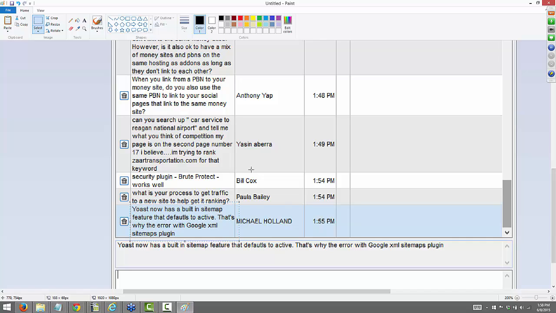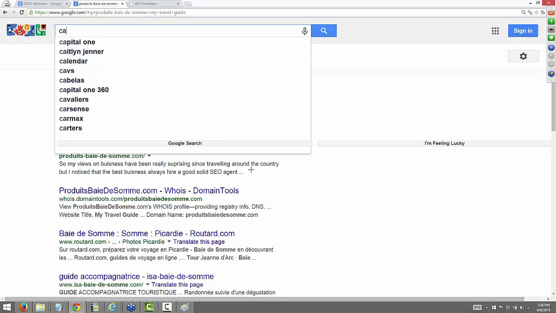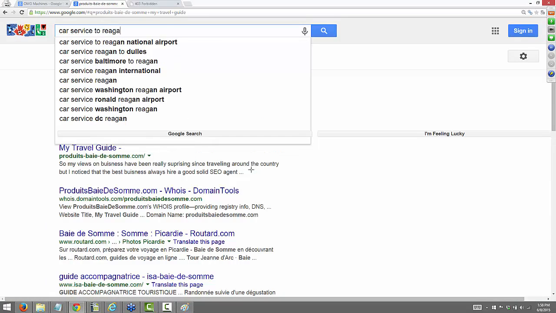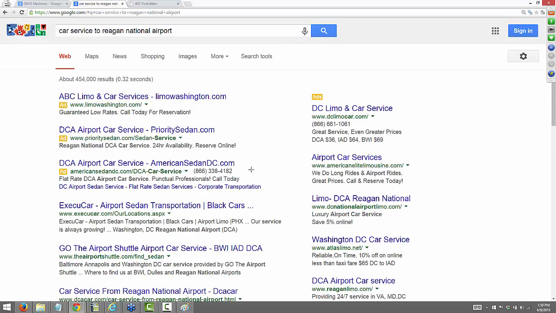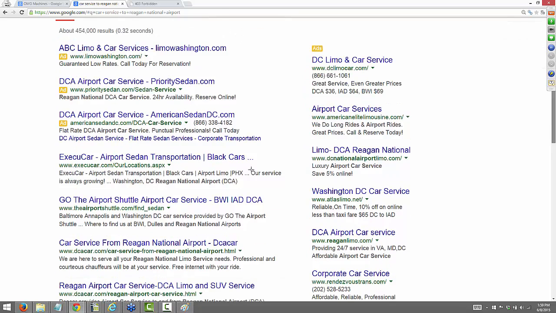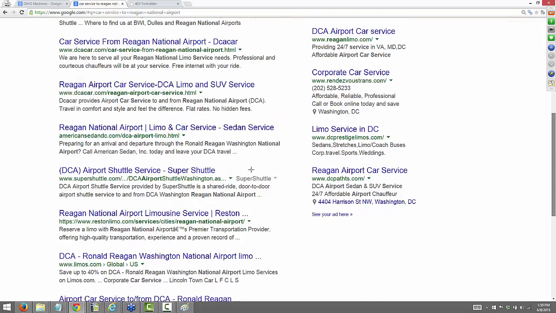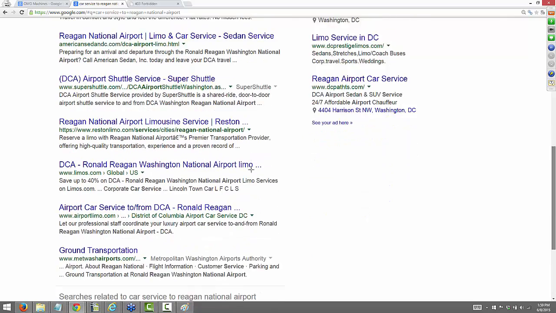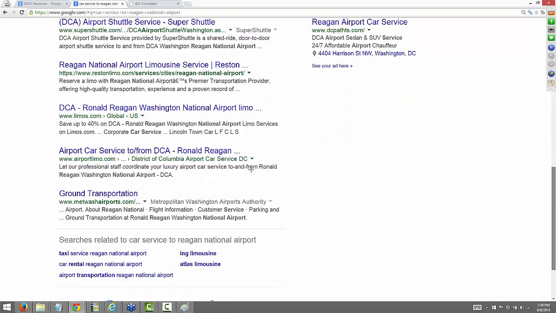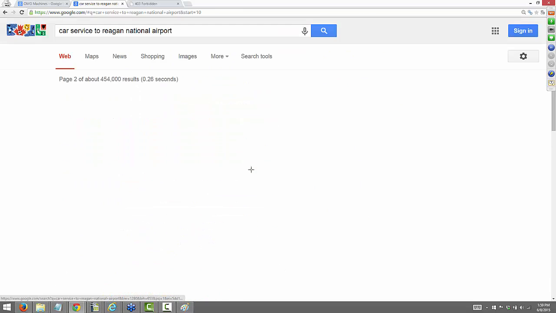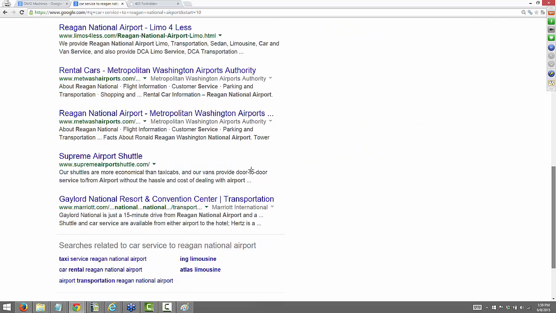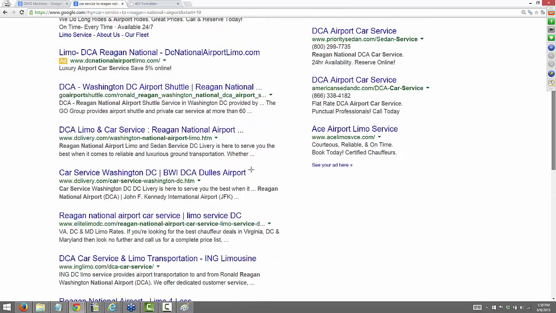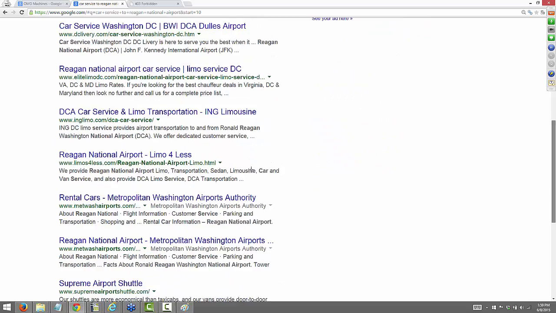So let me see. Car service to Reagan National Airport. I don't see you on the second page.